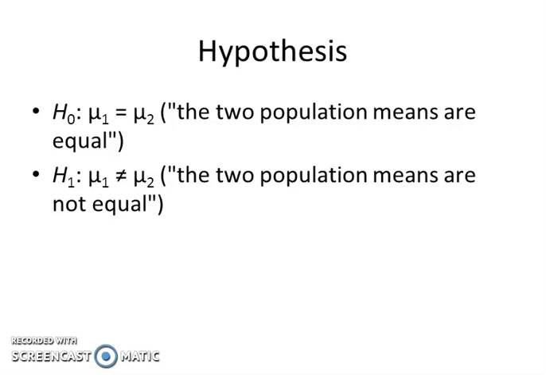Here, mu1 is the mean of the first group and mu2 is the mean of the second group. The alternative hypothesis says both these means are not equal, that means there is a significant difference between these two means. On the contrary, the null, which is the opposite of the alternative, says that both the means are equal. We can test this hypothesis with the help of independent sample t-test.